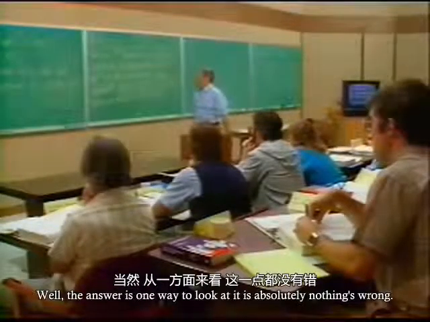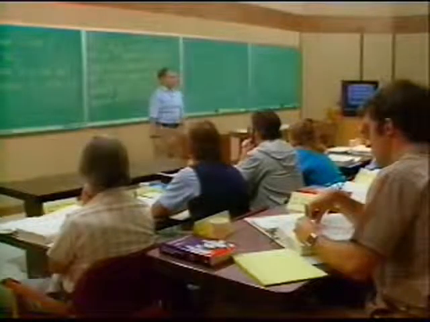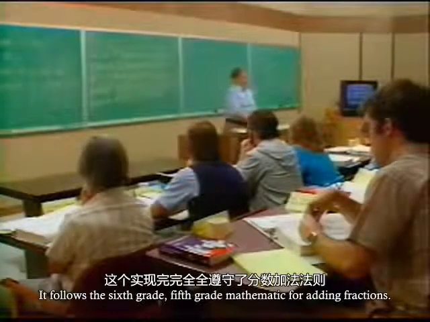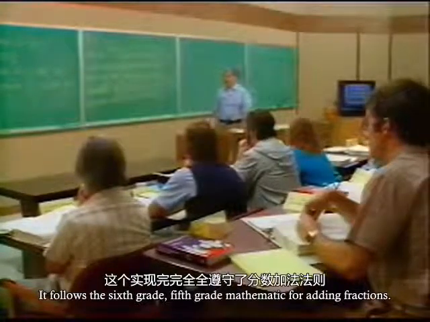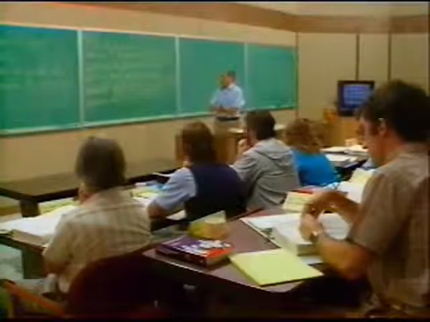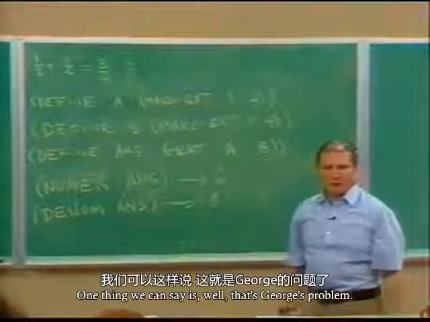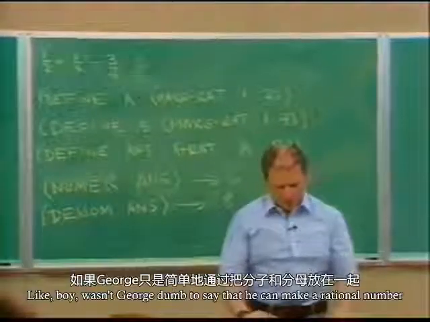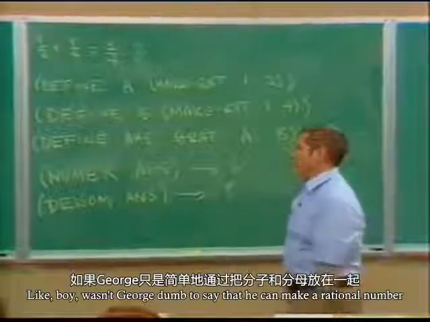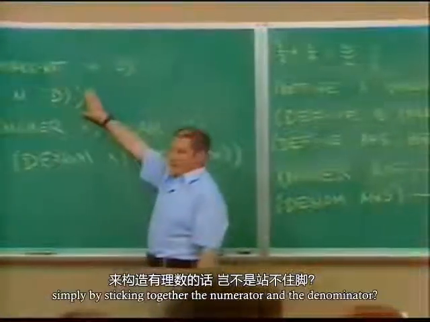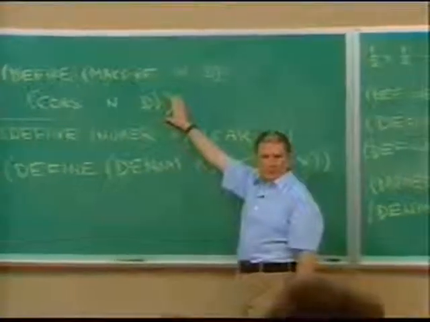Well, one way to look at it is absolutely nothing's wrong with it. That's a perfectly good implementation. It follows the 5th or 6th grade mathematics for adding fractions. One thing we can say is, well, that's George's problem. Boy, wasn't George dumb to say that he can make a rational number simply by sticking together the numerator and denominator?